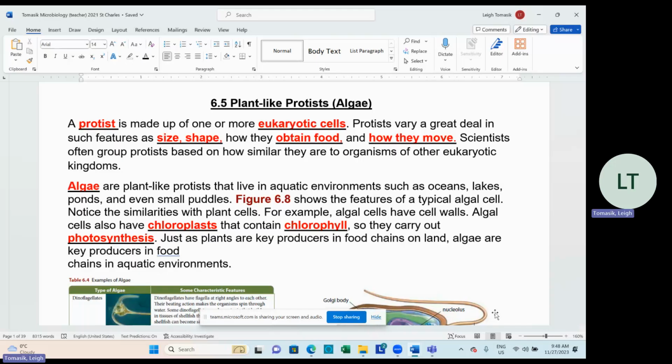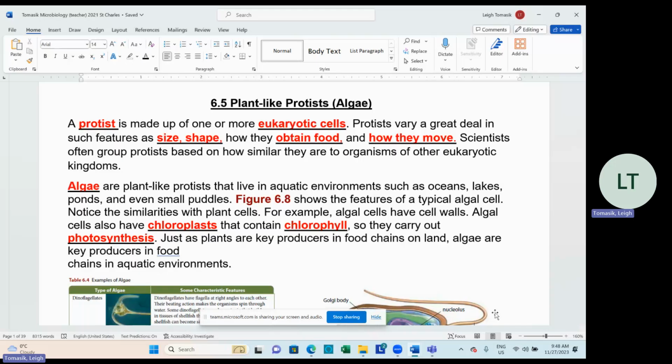But most protists are only one cell big, and the type of cell that protists are made up of is the eukaryotic cell, the one with things like the nucleus and other membrane-bound organelles like the mitochondria and the endoplasmic reticulum and the Golgi body.